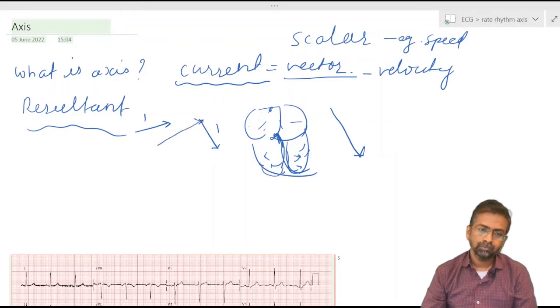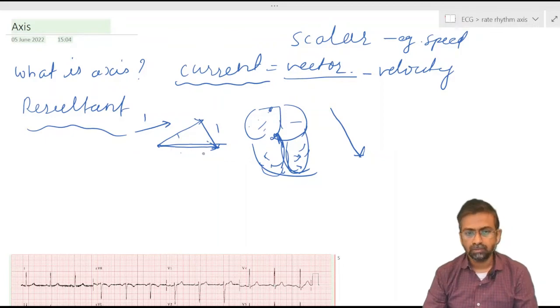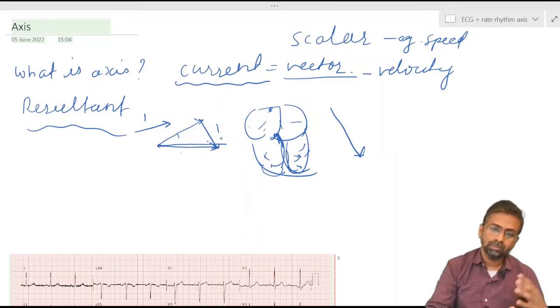The tip of this will coincide with the end of this one, and then you join a line from this point to this point. So this will be the resultant vector and that will be the direction of the resultant vector. This is how vector quantities are added.